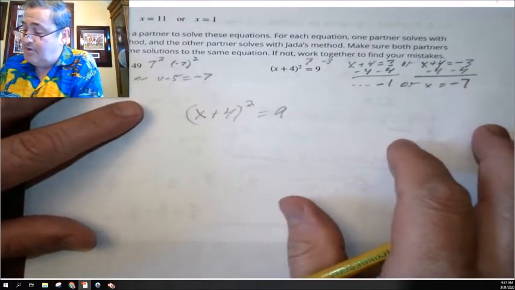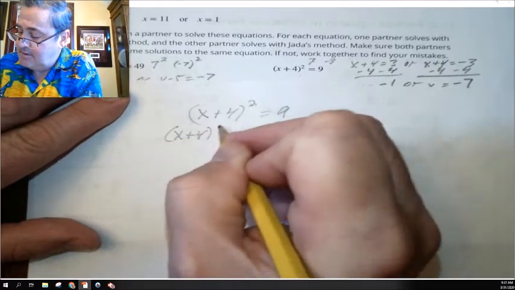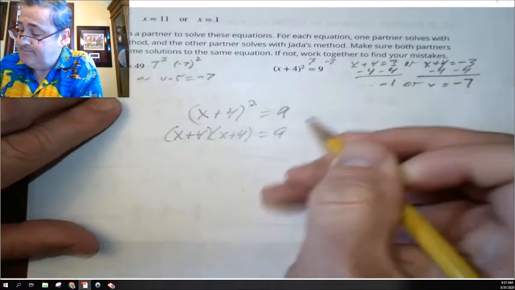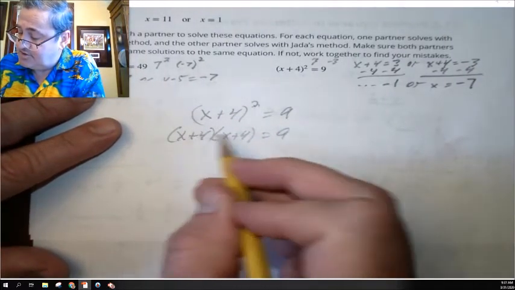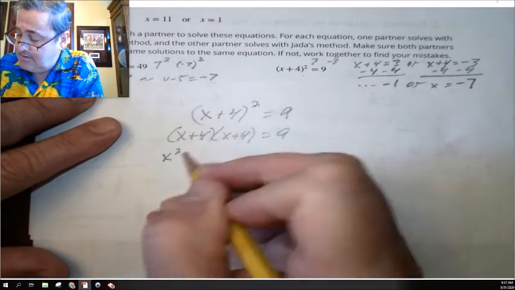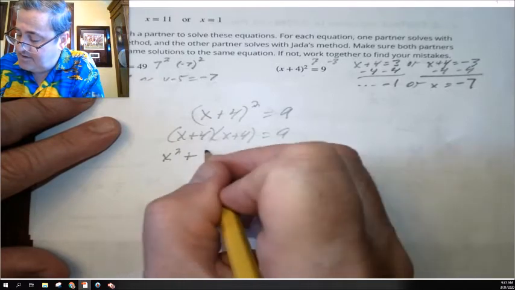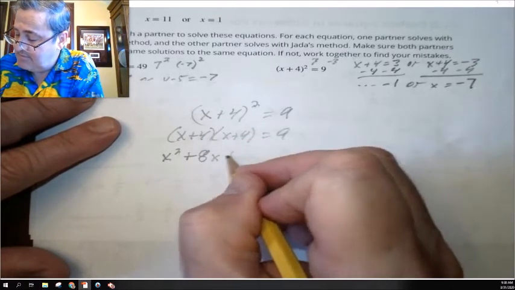Okay, so what we need to do first is we'll rewrite that as x plus 4 times x plus 4 equals 9. Then we need to distribute that. Now this is one of those, we can use a shortcut. It's the same number twice. So it's x squared, 4x and 4x, right? We add the number to get the middle term, 4 plus 4, and we multiply it to get the last term.